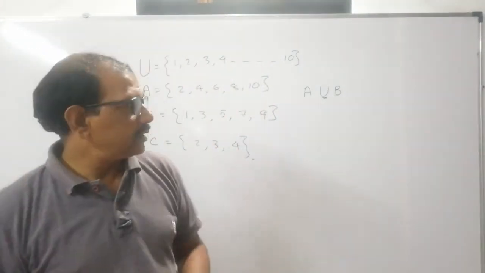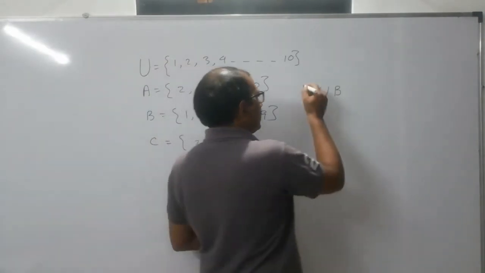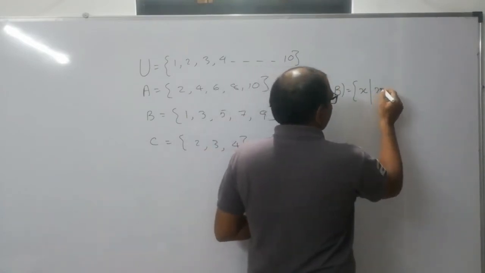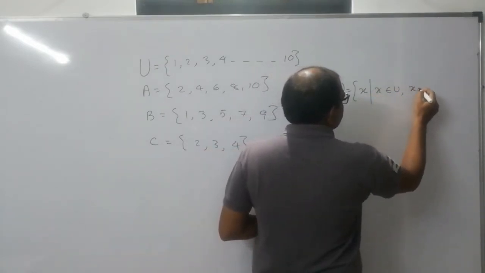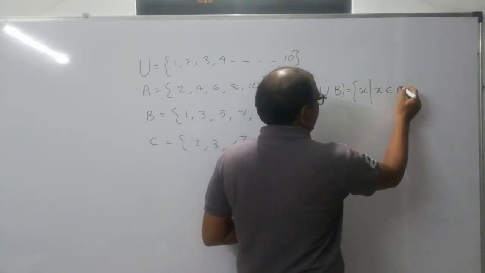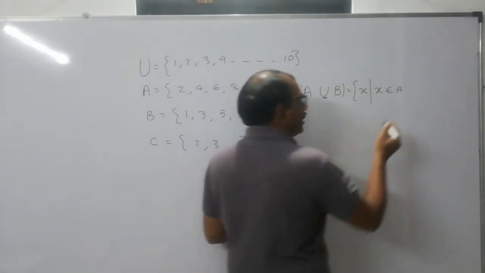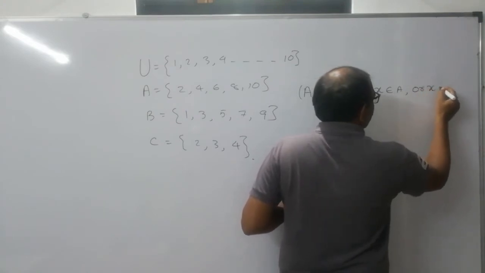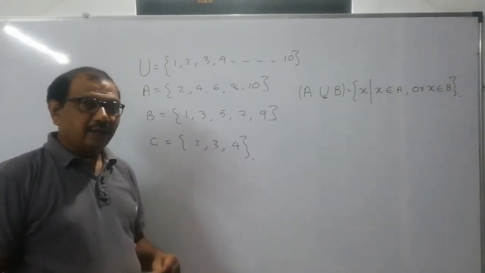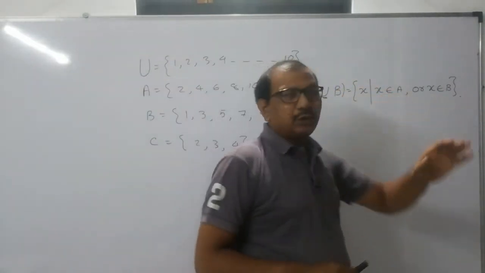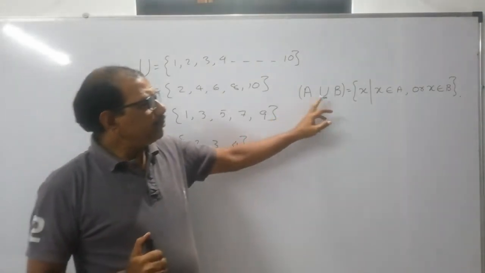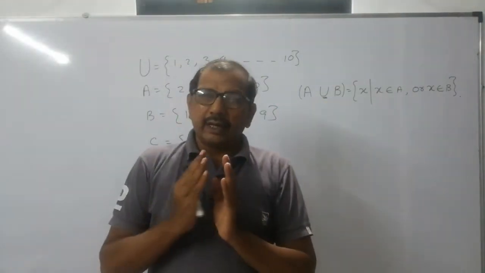A union B. The definition: A union B is a set of all X such that X belongs to A or X belongs to B. Very important, or, right? मतलब if I just translate this into our mother tongue से या फिर हमारा जो हिंदी लैंग्वेज में अगर मैं डिफाइन करूँ कि A union B is an operation, and how do we define it?